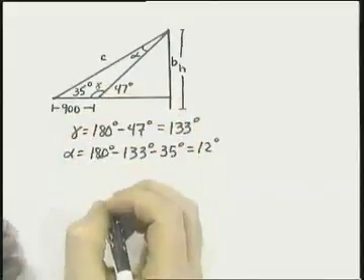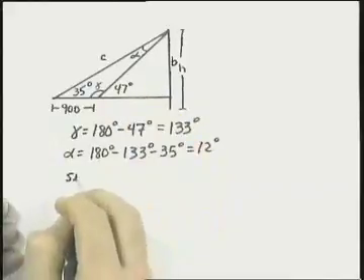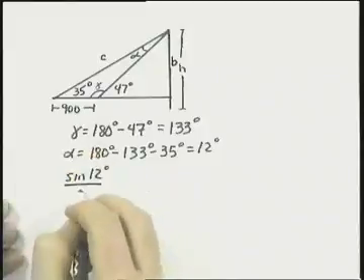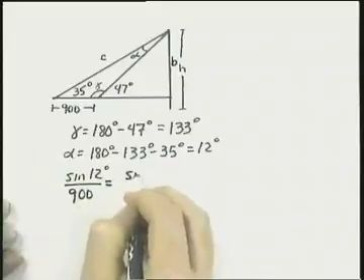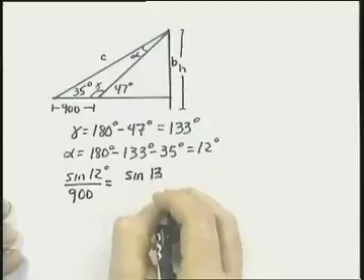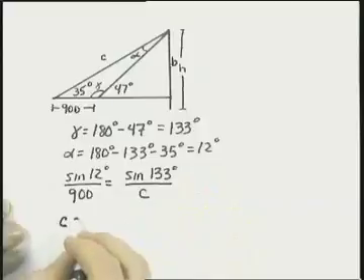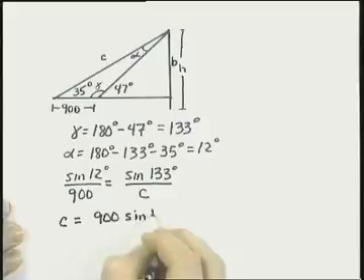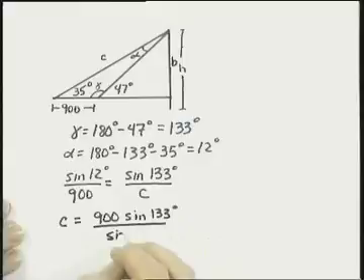I can find C because the sine of alpha, the sine of 12 degrees, over A, which is 900, equals the sine of gamma, 133 degrees, over C. So then C is going to equal 900 times the sine of 133 degrees over the sine of 12 degrees.